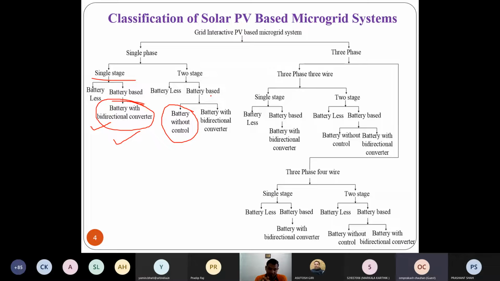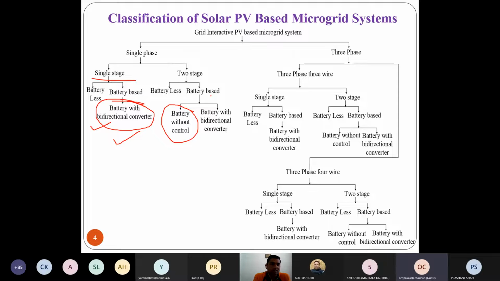Because if you put the battery without control, your PV array is always operating at MPP. So all the power will be dumped in the battery, even though the battery SOC is more than 80%. So it may blast, because you don't have any kind of boost converter by which you can control your PV array in off-MPP mode.